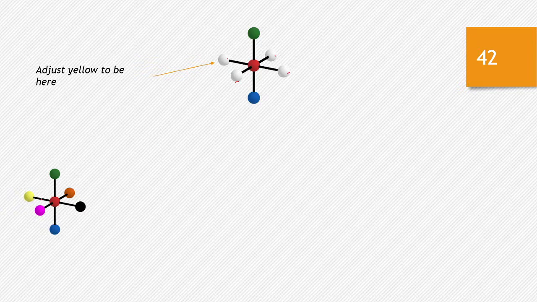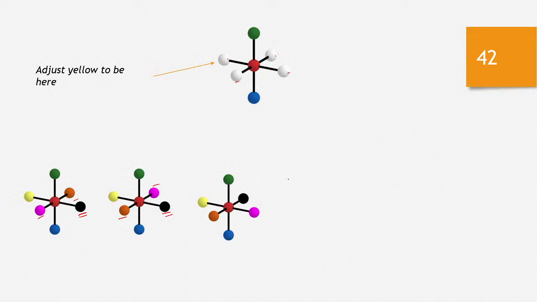If the yellow is here, and let's say the black is opposite to it, then we get 2 molecules like this, the pink and the orange here, and then pink there and orange here.